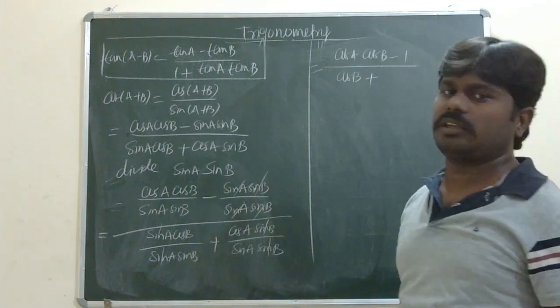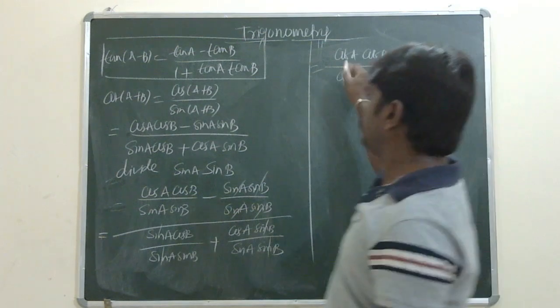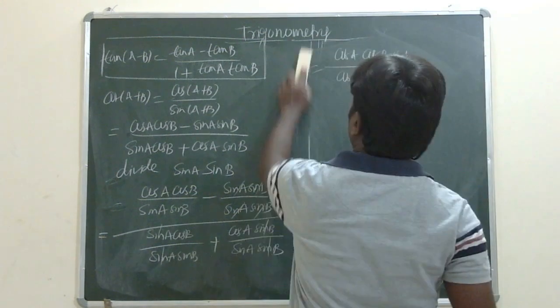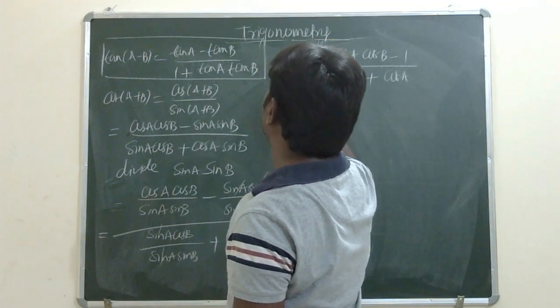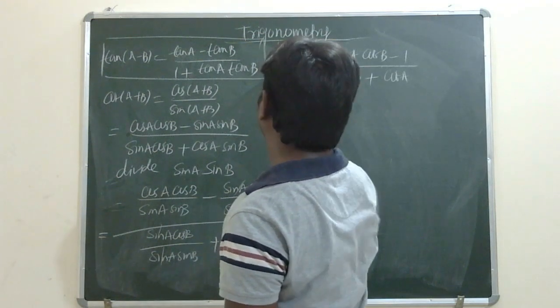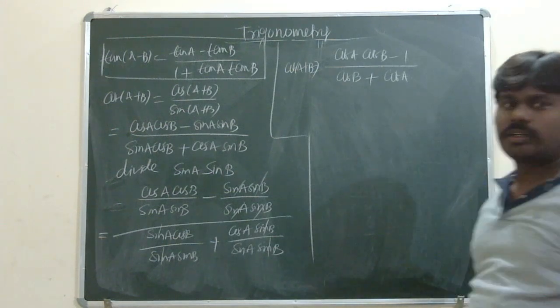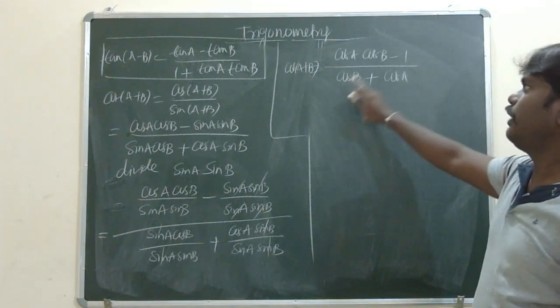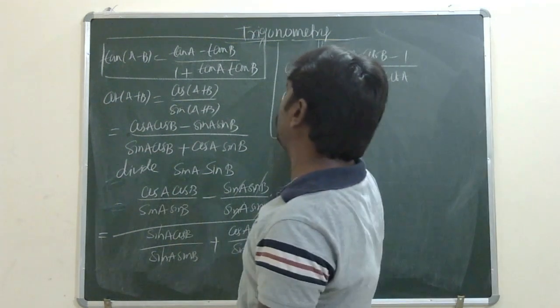Cos A by sin A means here cot A. So this is the formula for cot A plus B. Okay. So cot A plus B is equal to cot A cot B minus 1 divided by cot B plus cot A.